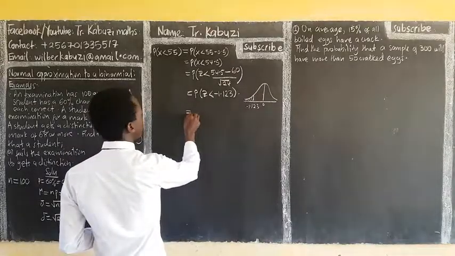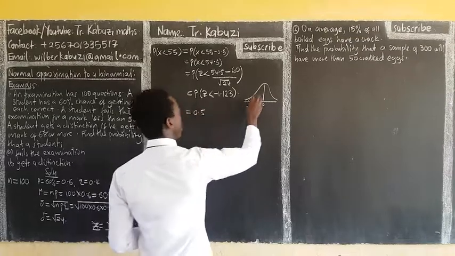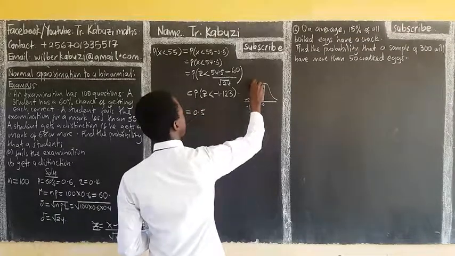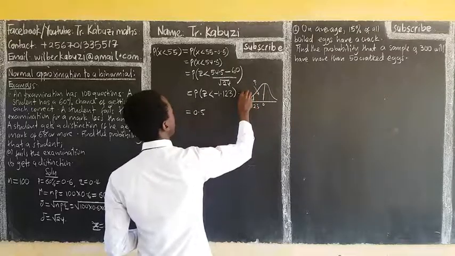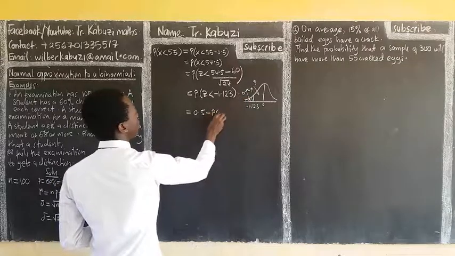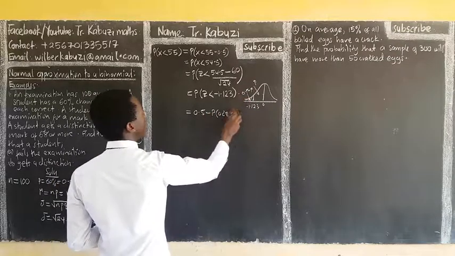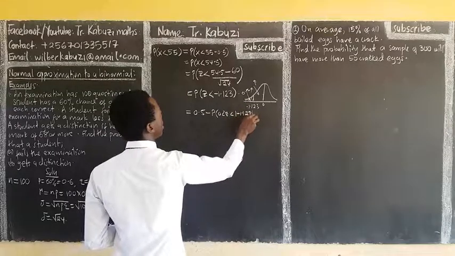This is the same as the probability of 0.5, you say this is P, and this will be 0.5 minus P. So you say this, then minus the probability of z less than the magnitude of negative 1.123.